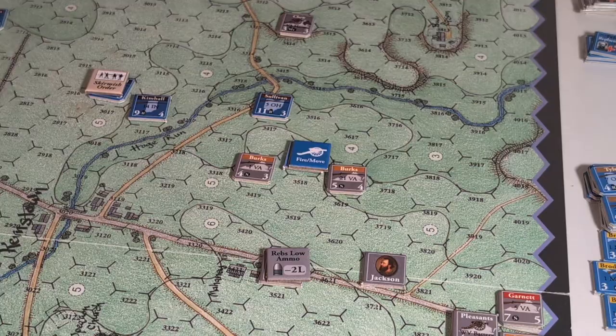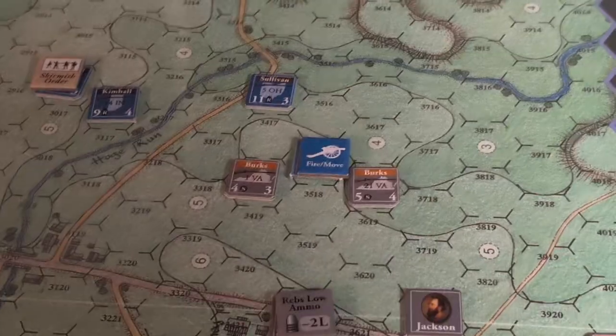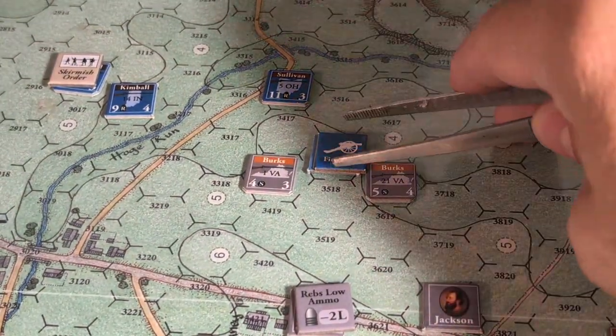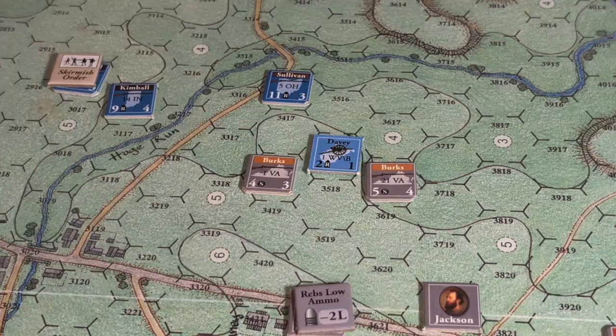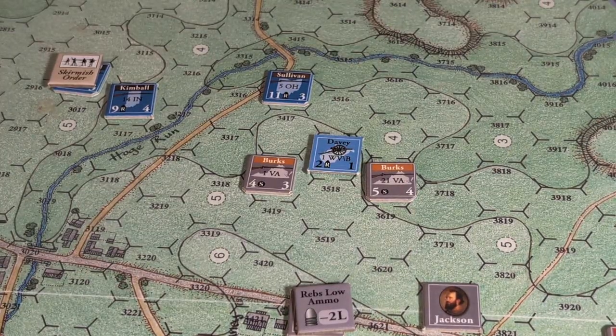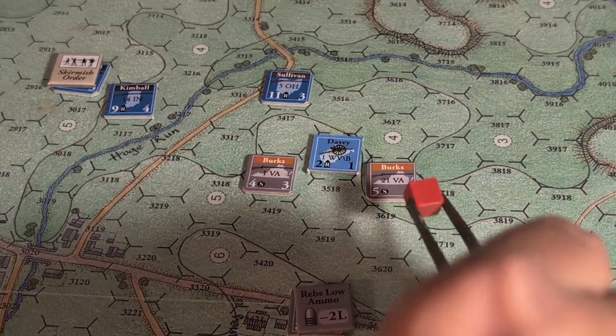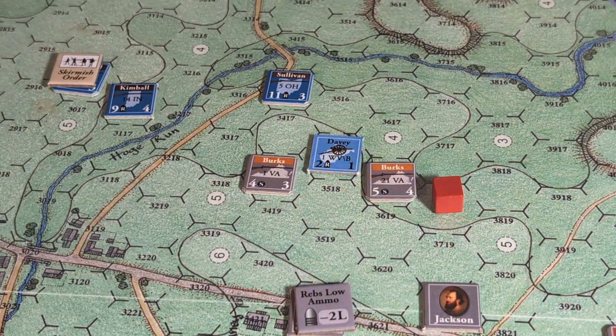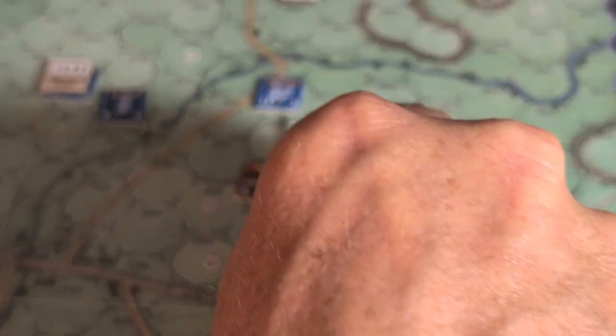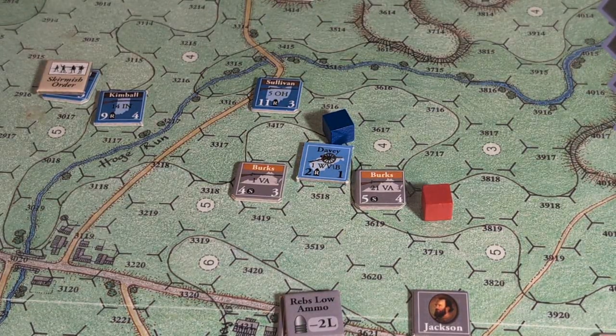All right, so we've got defensive fire. Okay, we've got Burks is the lead unit. They've got a strength of 2.